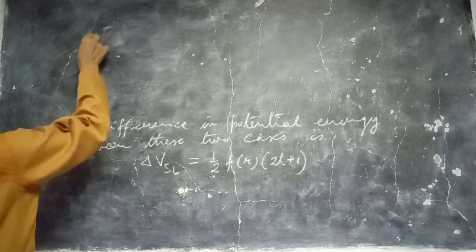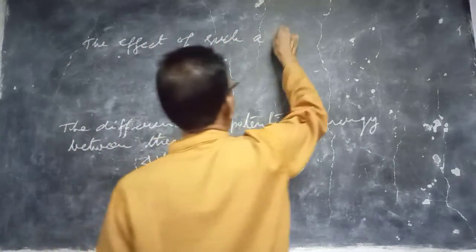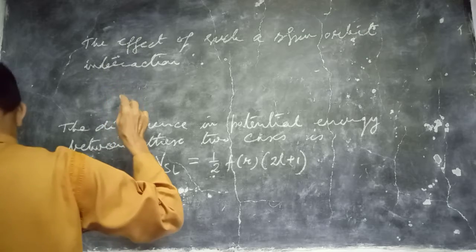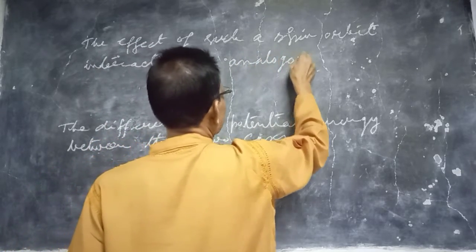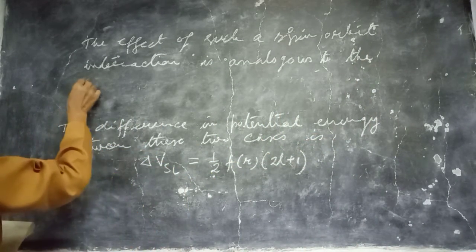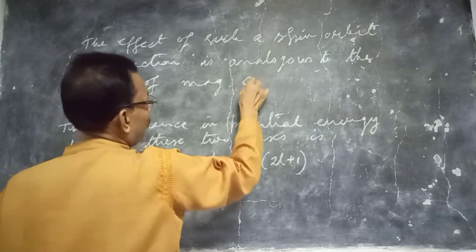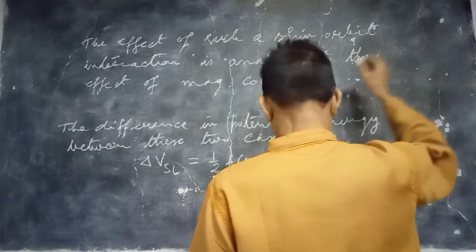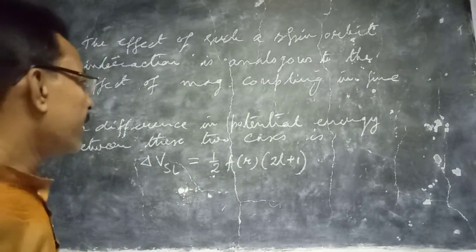The effect of such spin orbit coupling is analogous to the effect of magnetic coupling in fine structure splitting in atomic physics.